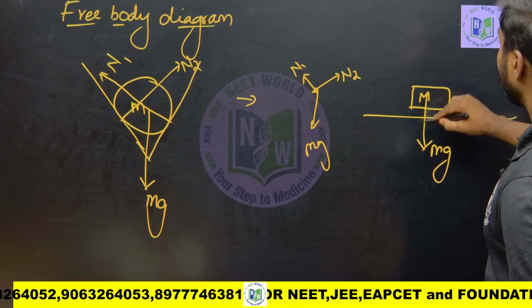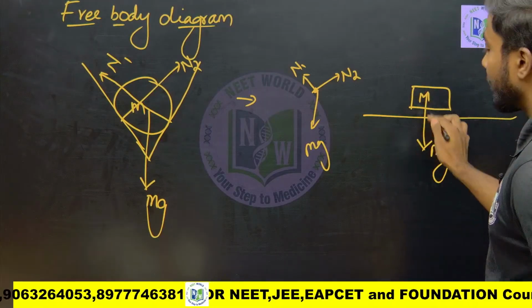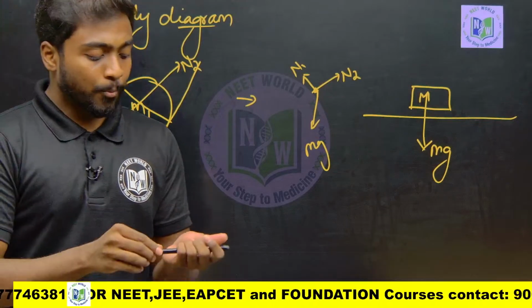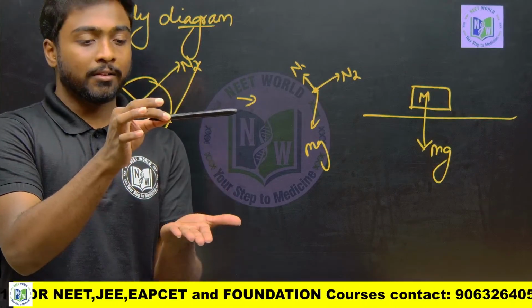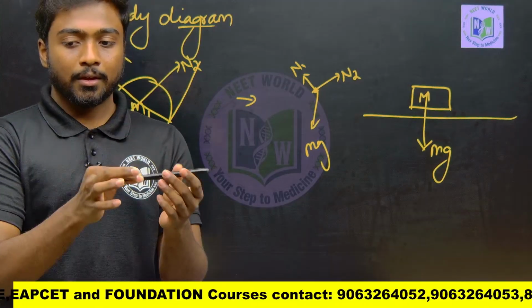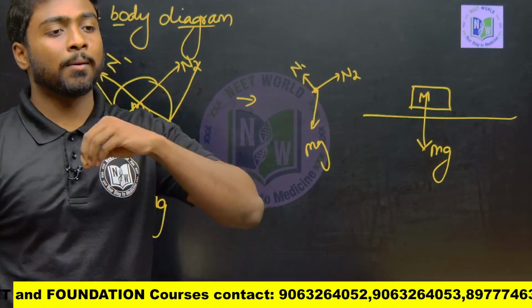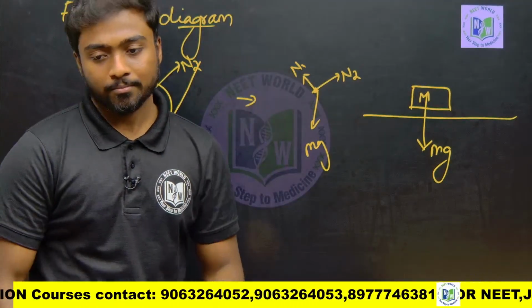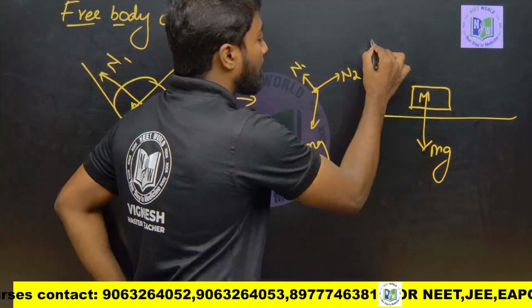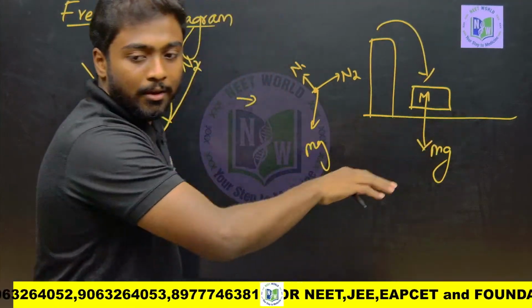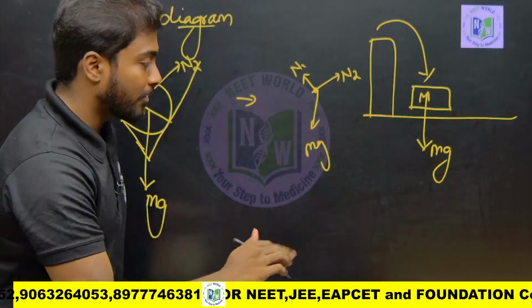It's tension only if it is hanging. Suppose I am not hanging it, it's like this. What is the force acting? Only mg, right? But it cannot levitate. If a person is jumping, what is the force acting? Only mg. If a person is jumping from a building, until he lands, only mg is acting.